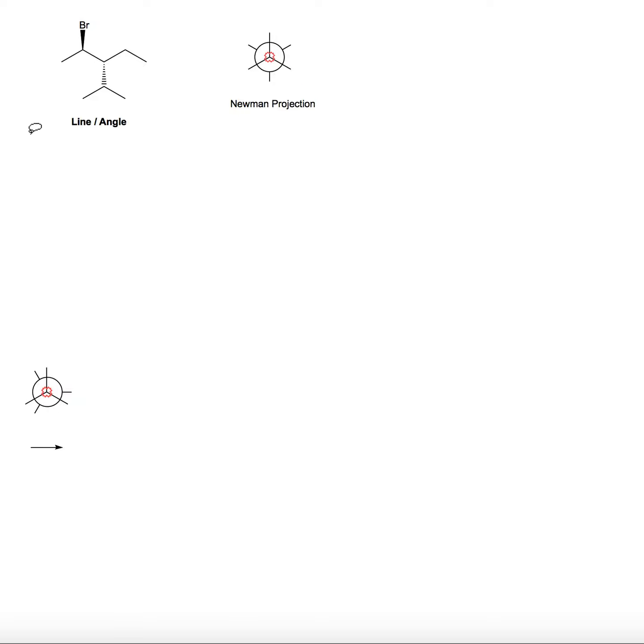To convert a line and angle into a Newman projection, the first thing I'm going to do is convert the line and angle into a Sawhorse projection. A Sawhorse projection is a projection in which we are indeed showing hydrogens for the carbon-carbon bond that we are analyzing. In this case, I'm going to draw the Newman projection of this compound when viewing it through the C2-C3 bond.